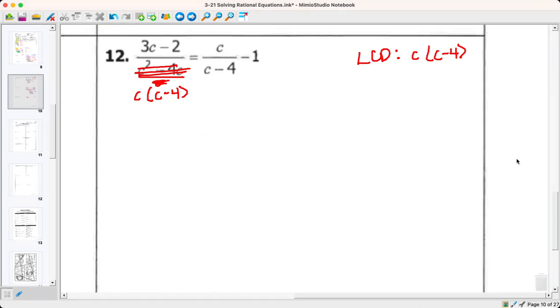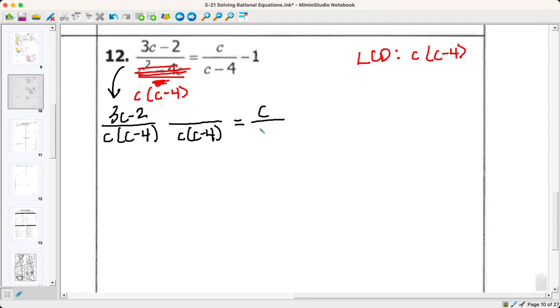So I'm going to take my original problem, come down here and write it neatly. And then an equal sign, rewrite the fraction here.